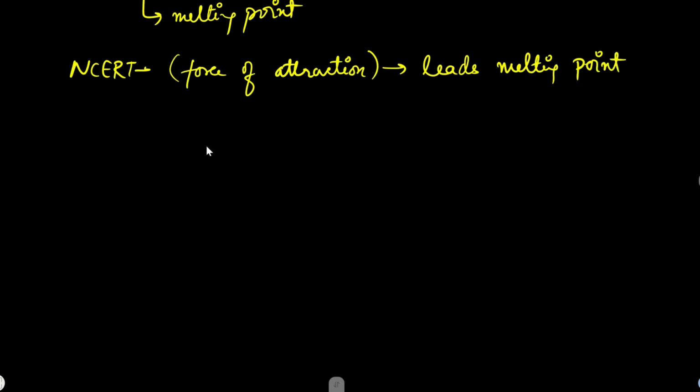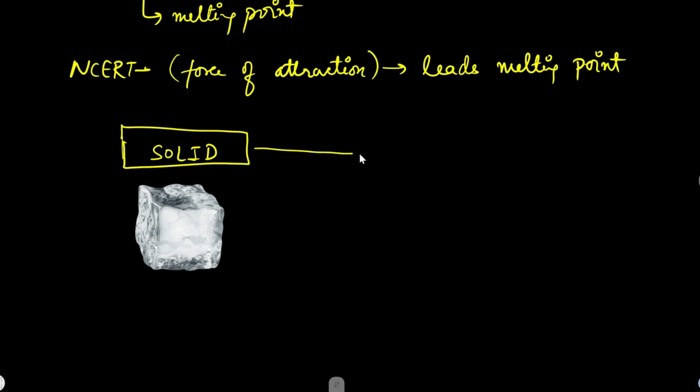But why does this happen? We first have to understand that in the melting process, the material is a solid, and when heated at a particular temperature, there is some heat being provided, and it gets converted into a liquid.